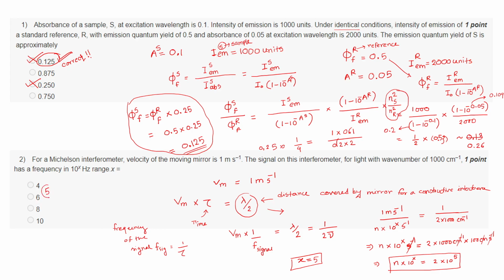Actually I remember the question was set as a fill in the blanks question, and the right answer was 5, and for that the range of right answers was given as 4 to 6.